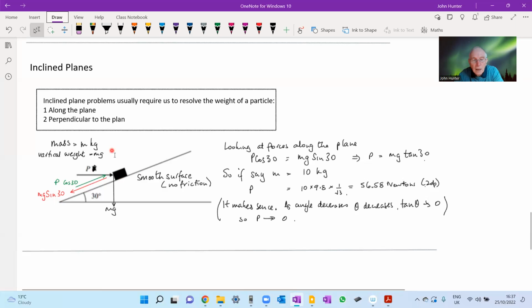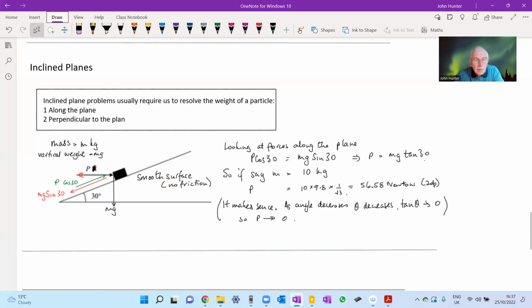I'm not thinking about perpendicular to the plane in this example. Just looking at along the plane, so that's mg sine 30. Now we've also got this force P, which is pushing it back up the plane. Incidentally, we're assuming this is a smooth plane. There's no friction involved. We haven't done friction yet, but that's in the next video.